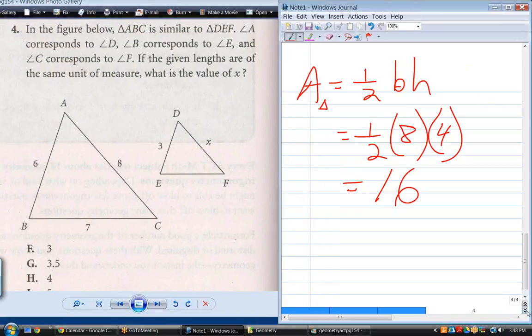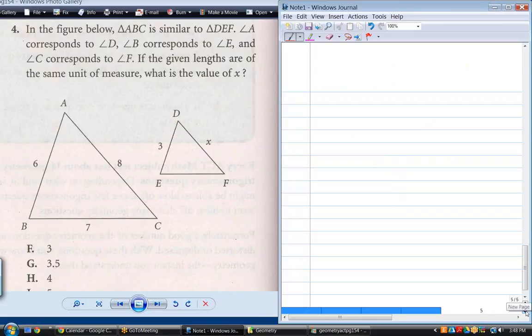All right, similar triangles. You know what they are? Two triangles that are similar in shape but different in size. Yeah, pretty much. And what that means is they have the same three angles.